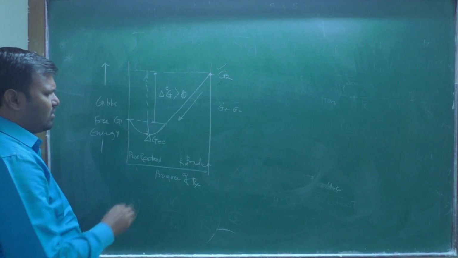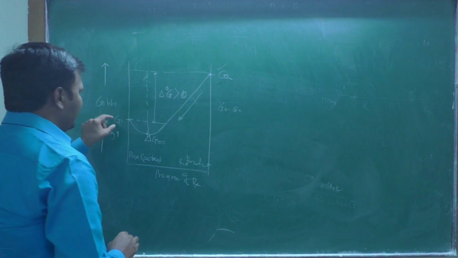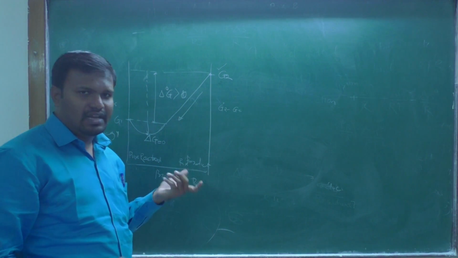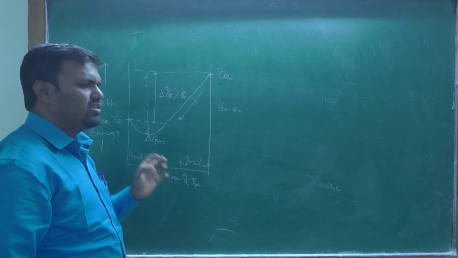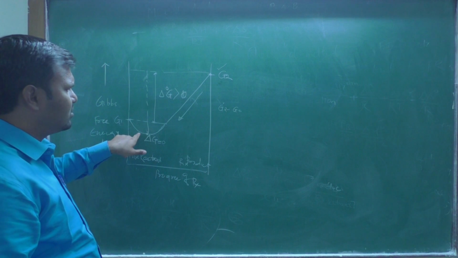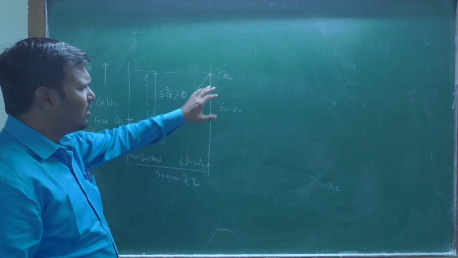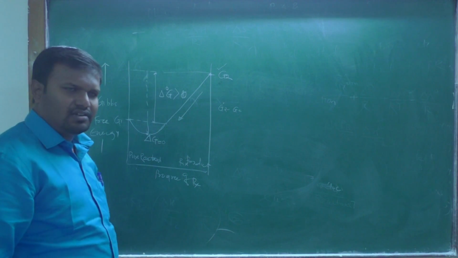In this case more and more reactant is there because it has the lower G value. We have already said that the reaction tries to obtain the lower G value, so the product moves to the reactant side.